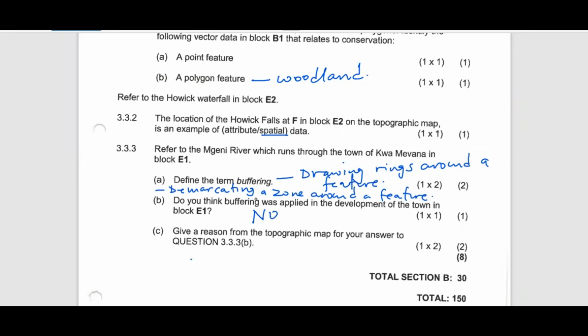Give a reason. The town encroaches on the river.